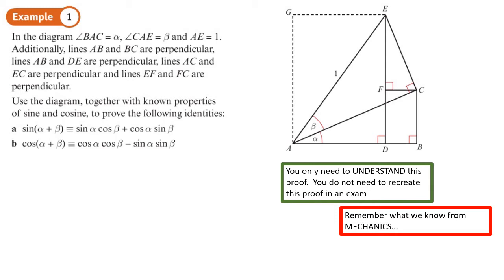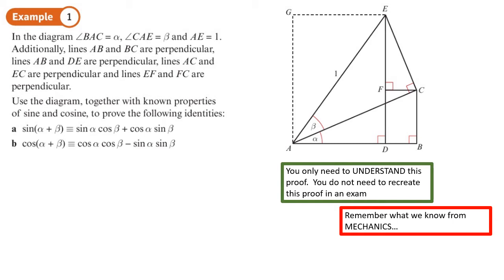It's useful to understand how it works, but you don't need to prove sine A plus B or cos A plus B or tan A plus B. But it's useful to see how these are generated. So we've got this complicated looking diagram here, and we're going to use it to help us prove these identities.